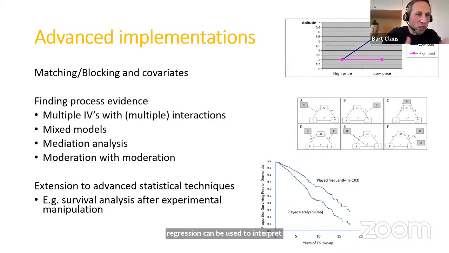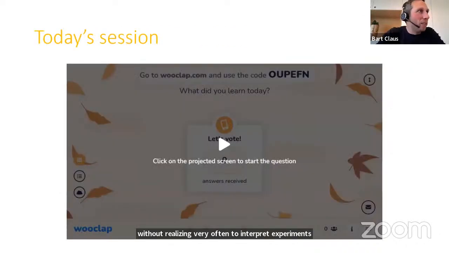Most experiments traditionally are interpreted with analysis of variance and with t-tests, but it's true that recently, through the availability of some macros for SPSS, etc., created by Andrew Hayes, so there's this PROCESS macro, people have switched much more to regression analysis, implicitly and without realizing very often, to interpret experiments, right? So that's for my part of the session.